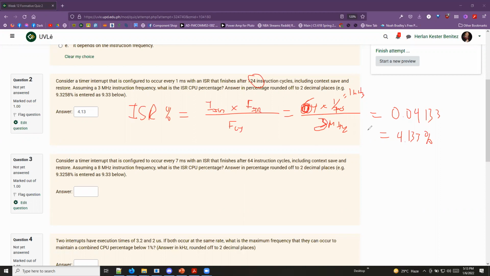So, 64 over 7 milliseconds times 8 megahertz. What you'll get here is 0.00114. So that is 0.11%.